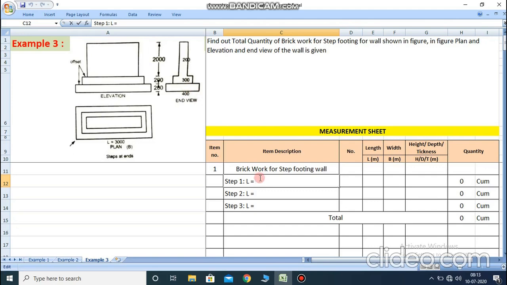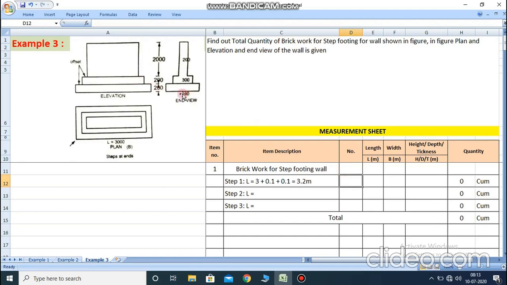So here we write the total length as 3 meter plus 100 mm for this side. Converting 100 mm into meter, 0.1 plus 0.1 for the right side and for the left side. So the total length is 3.2 meter.